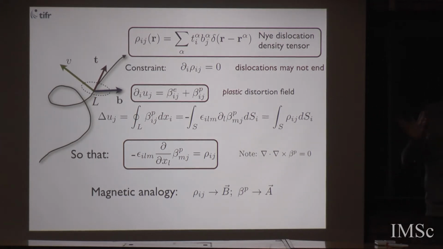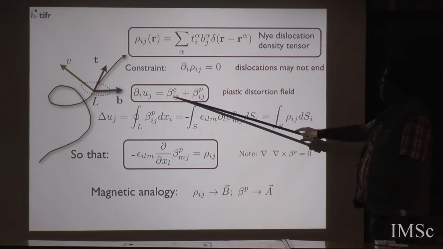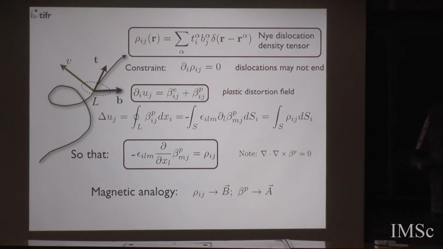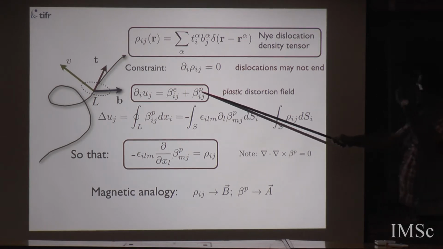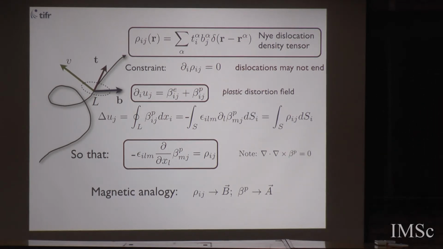That can be broken up into two parts. One coming from the smooth elastic part, which is just elasticity. I am calling this beta ij e. And a second, which is a singular contribution, and that comes from the presence of defects and dislocations. This is beta ij p. So beta ij p is the plastic distortion field.